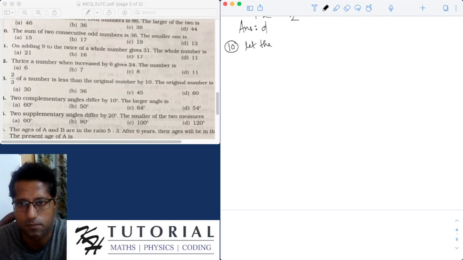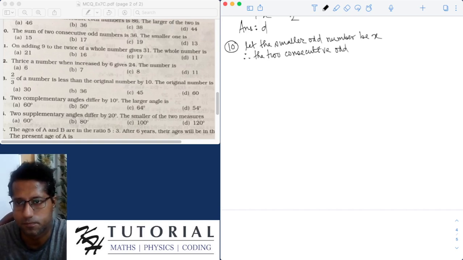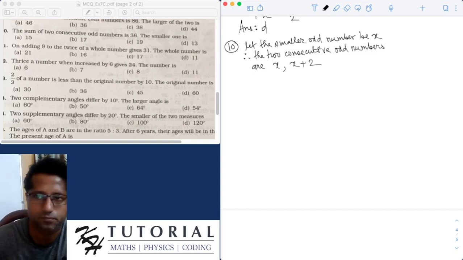So let the smaller odd number be x. Therefore, the two consecutive odd numbers are x and x plus 2.